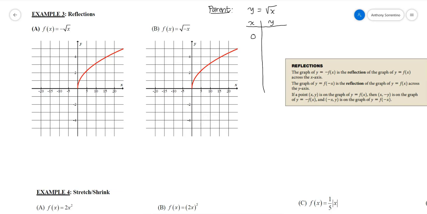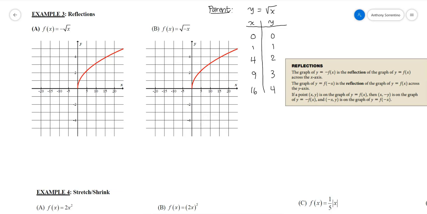0, 1, 4, 9. I'll even go up to 16. I'm picking perfect squares, so when I square root them, I'm going to have 0, 1, 2, 3, and 4. So again, I should be able to know how the function works well enough to produce a decent parent function and get something to start with.